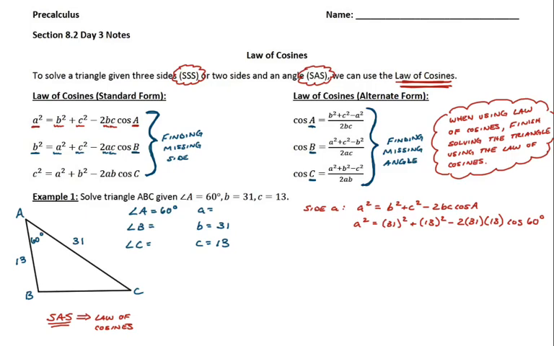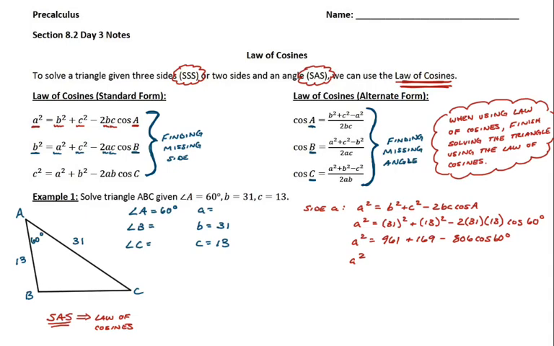And then from there, you could type all of that as is in your calculator and get a value for A squared. I'm going to do an intermediate step just so I'm clear on where these numbers come from. So 31 squared is 961, 13 squared is 169, 2 times 31 times 13 is 806, and that's 806 cosine of 60. So that 806 is attached to the cosine of 60.